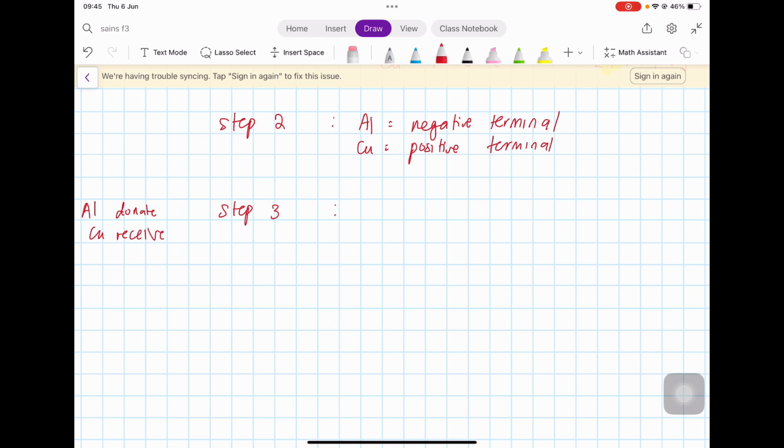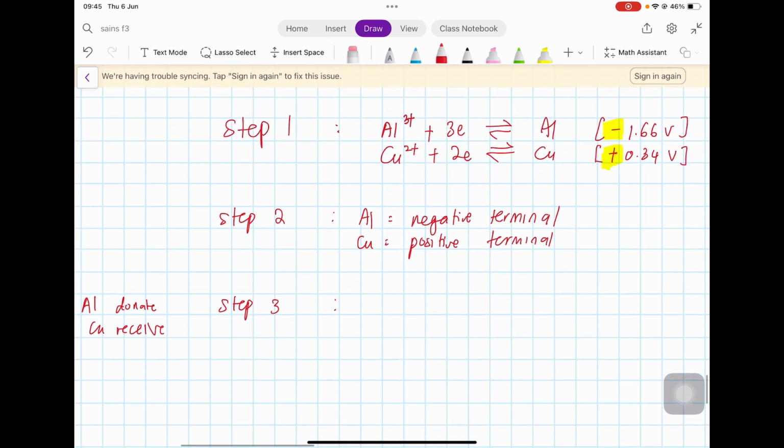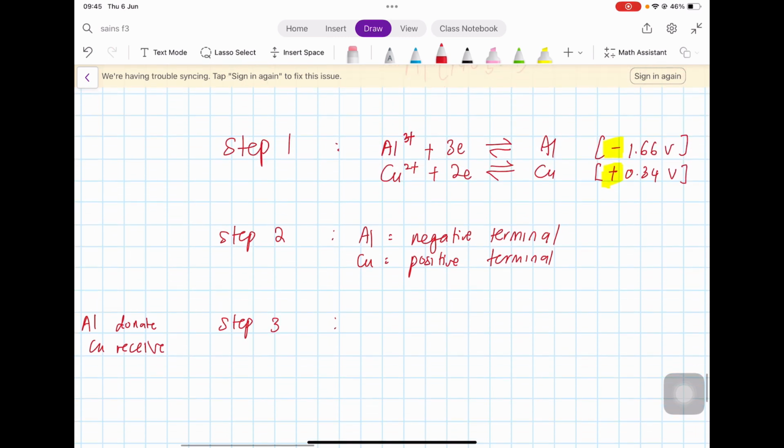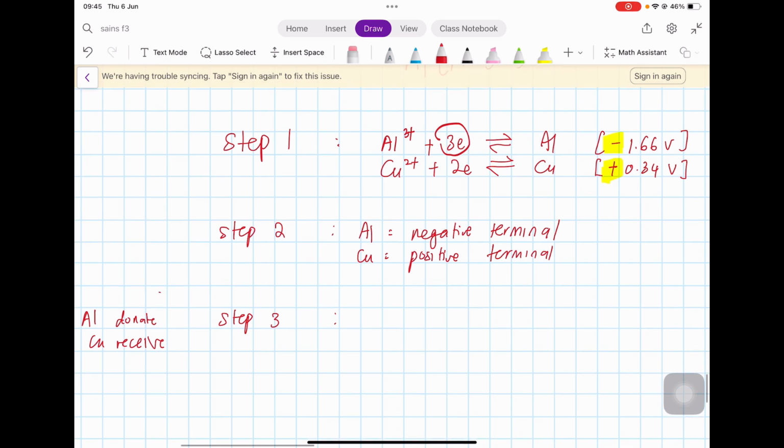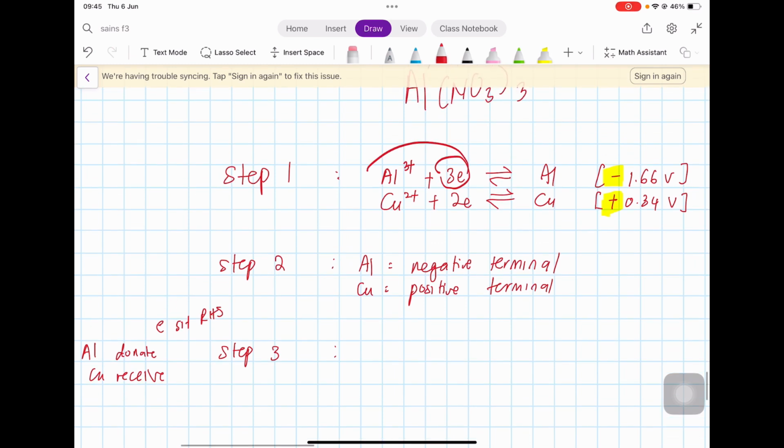Okay, so now you're going to adjust your half equation. So who will donate? Of course the electron will sit at the right hand side. Logik tak? So we know that in donating, the electron sits on the right hand side. So you're going to switch this part to the right hand side.